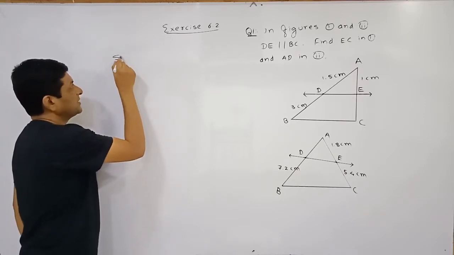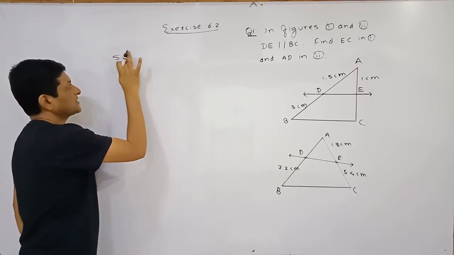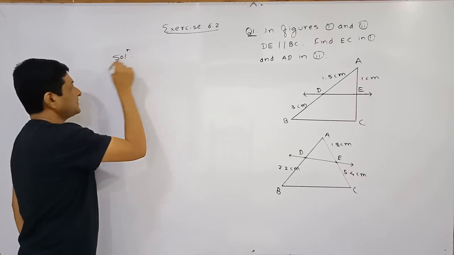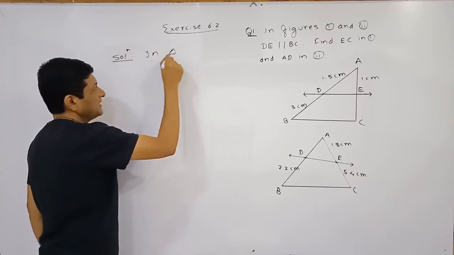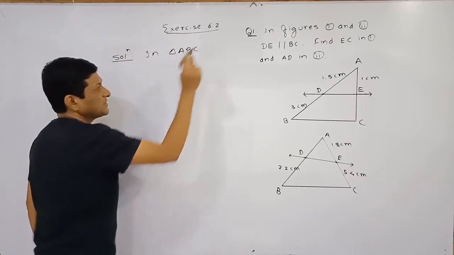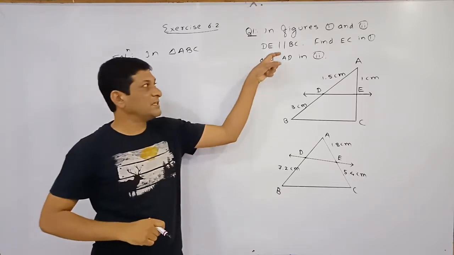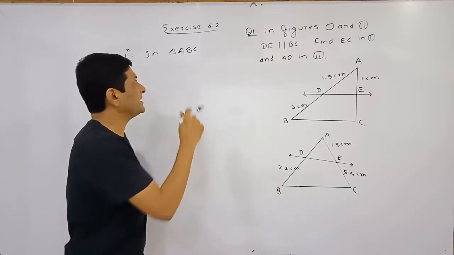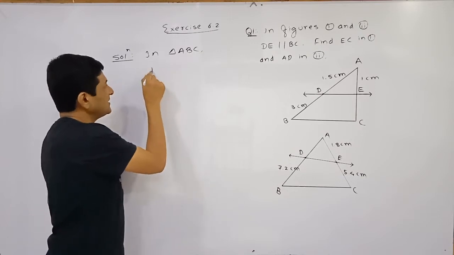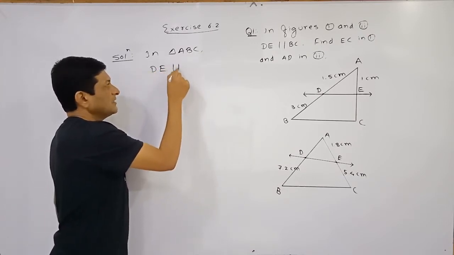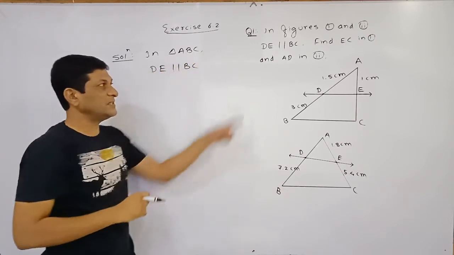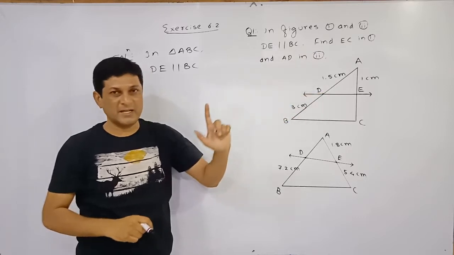So observe the solution of first part here. It is given to us that in triangle ABC, DE is parallel to BC. Means this DE is parallel to one side of a triangle.